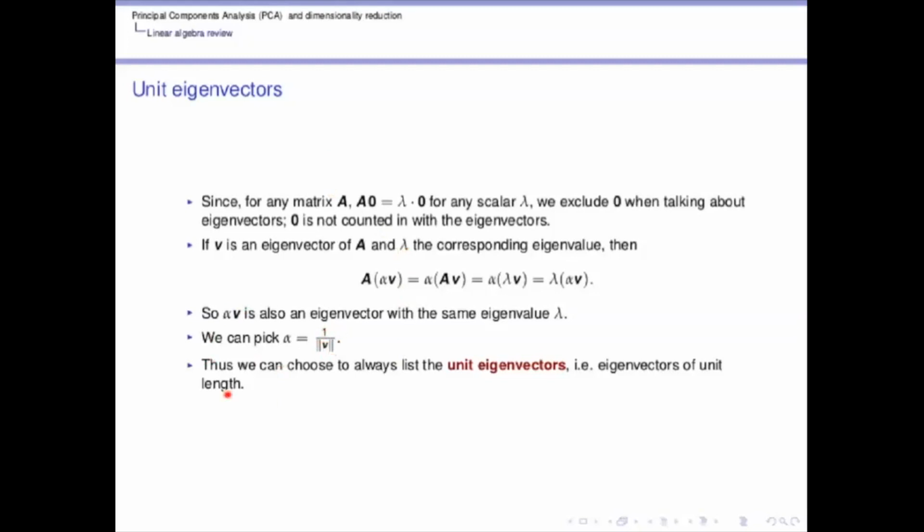Okay, so we do this, we normalize the idea, and we say that we choose always from the list of possible vectors V, the unit eigenvectors. So the ones that have unit length. Why not?